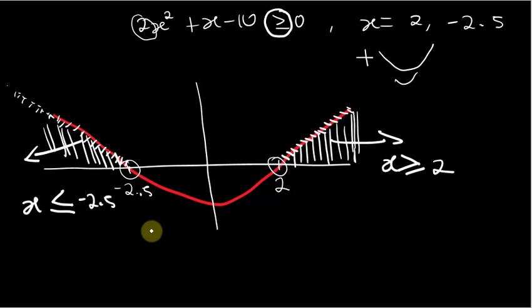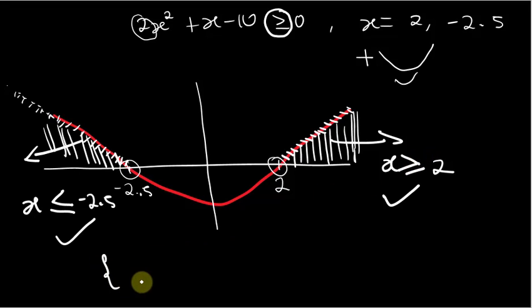So if you want the truth set, this range of values will satisfy this quadratic inequality. So this one and this one satisfy the inequality that is up there.